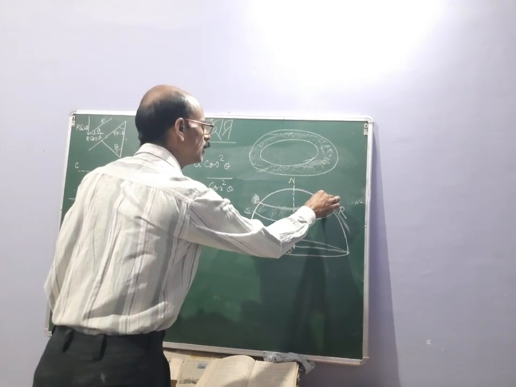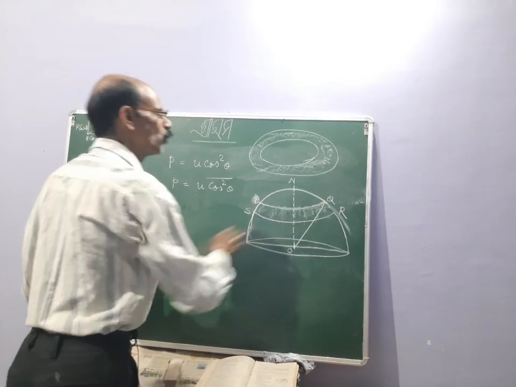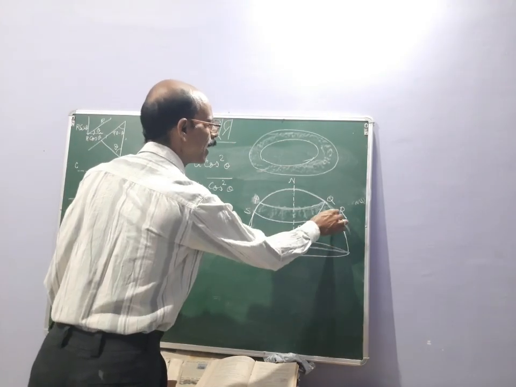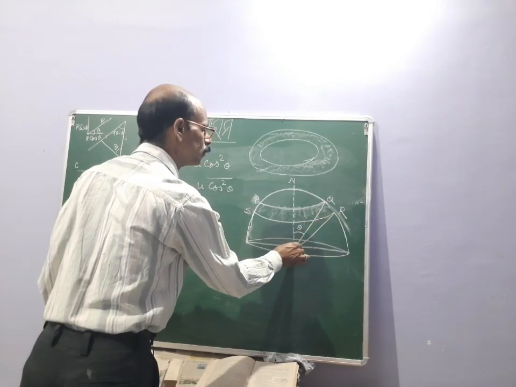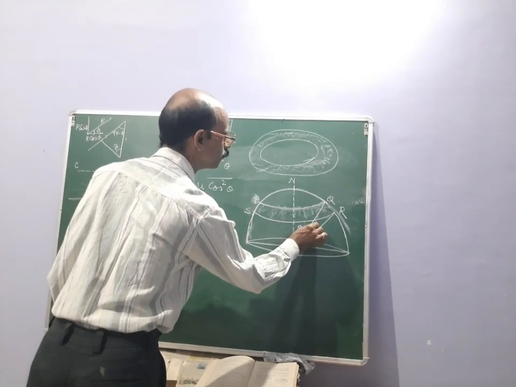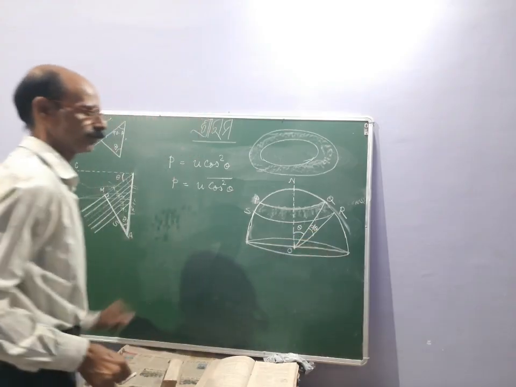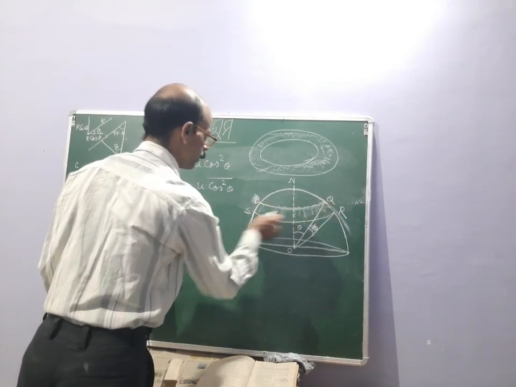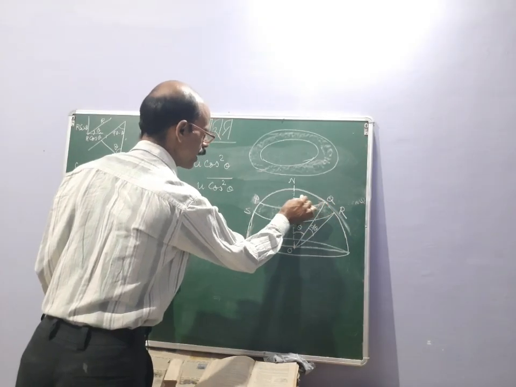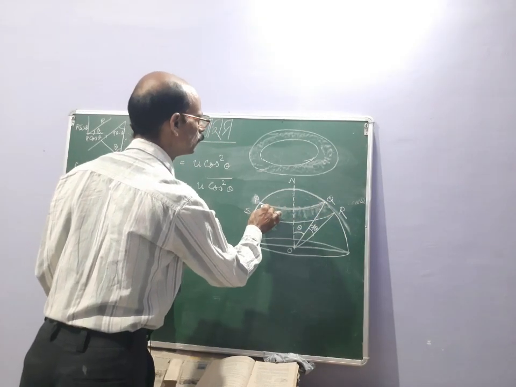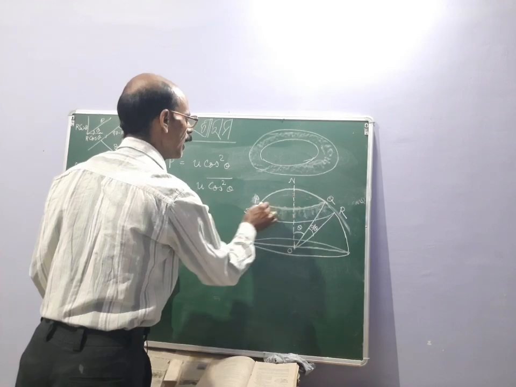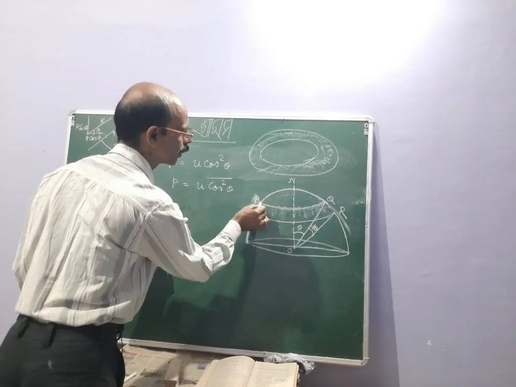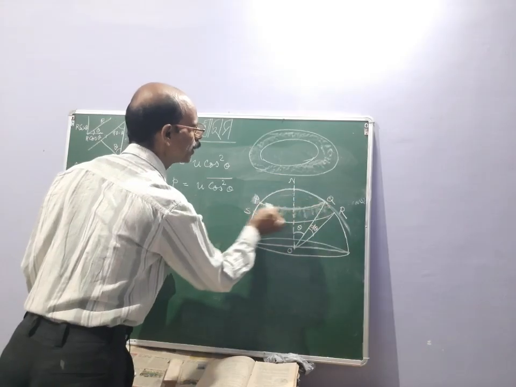Now, join O with Q. Suppose this angle is theta. And join R with O. Suppose this is d theta. Student, you see, first concentrate on P. If I will complete this and join this, then it will be a cone.